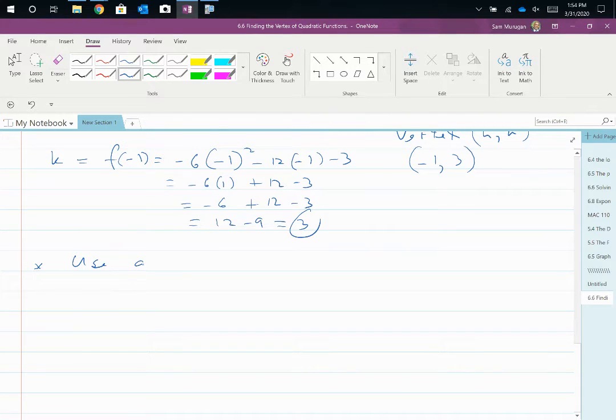Use a calculator to find the vertex. f of x is equal to 1/4 x squared minus x plus 5.